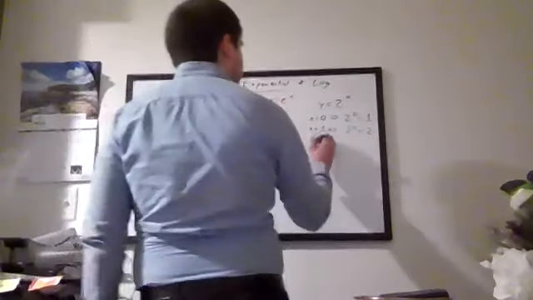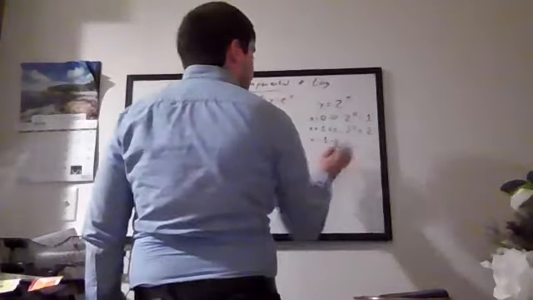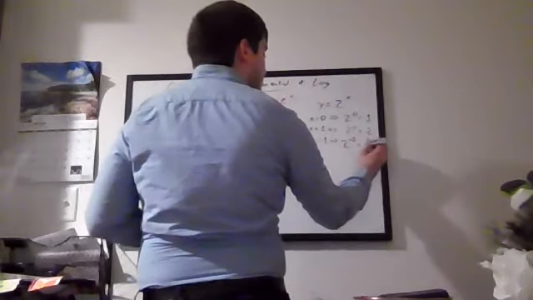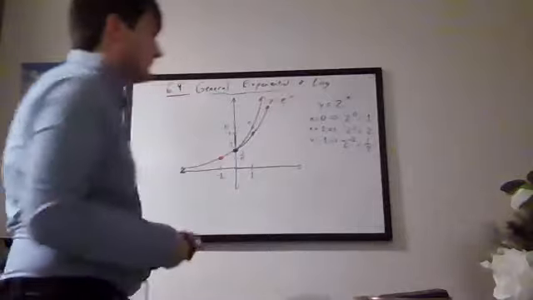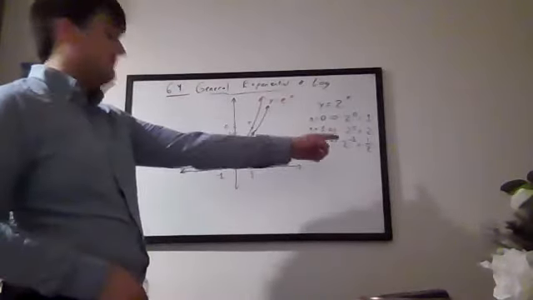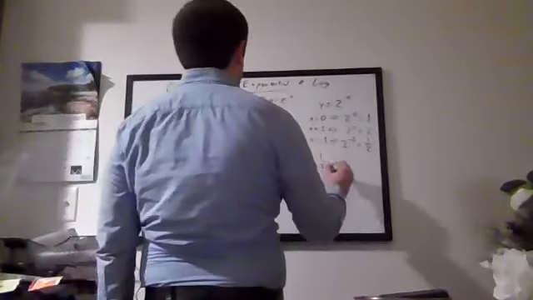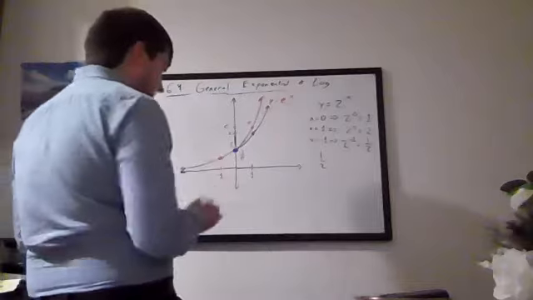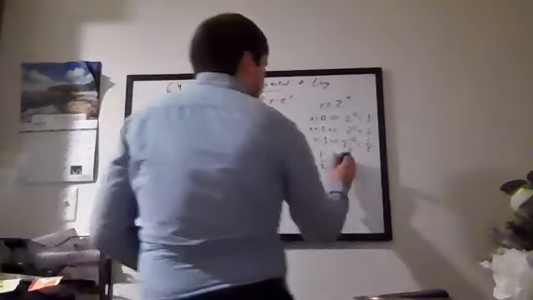But let's look at the x is -1 piece, where we're going to get 2 to the -1 power is 1 over 2. Now let's think about 1 over 2 versus, and maybe I need to fix my picture a little bit here, versus 1 over e. I'm going to let you think about that real quick.